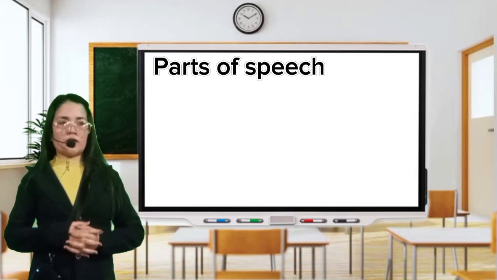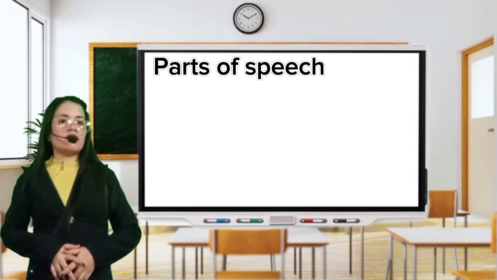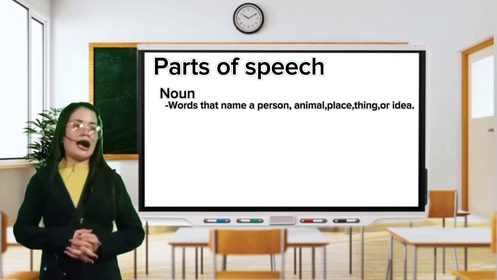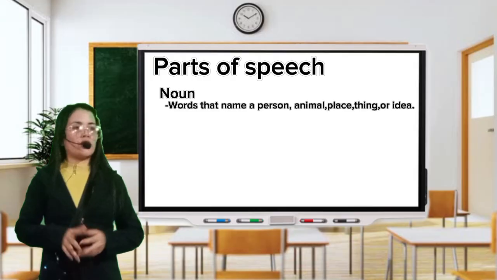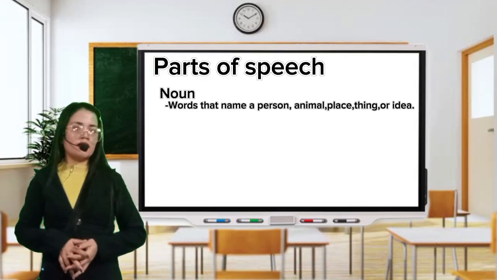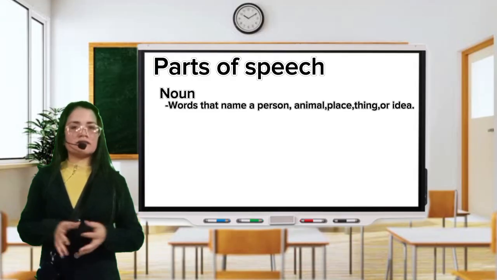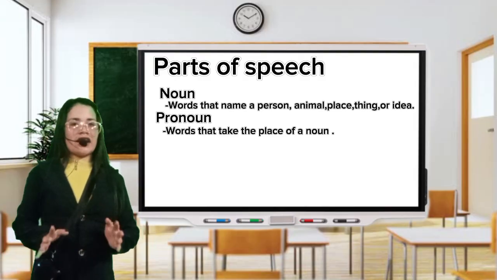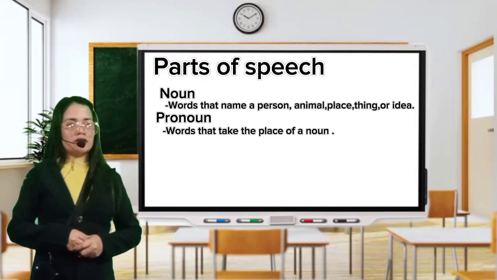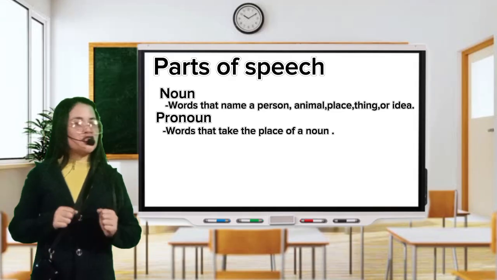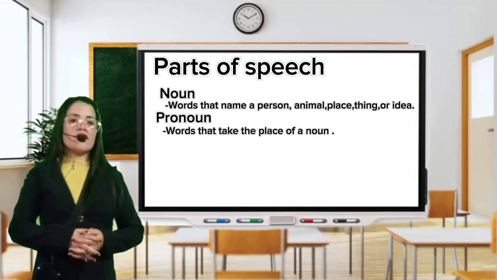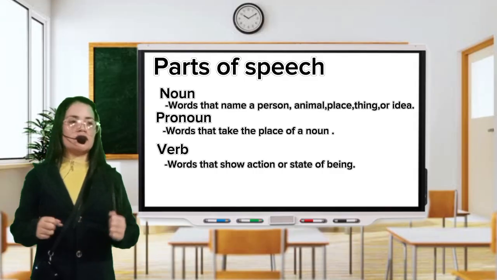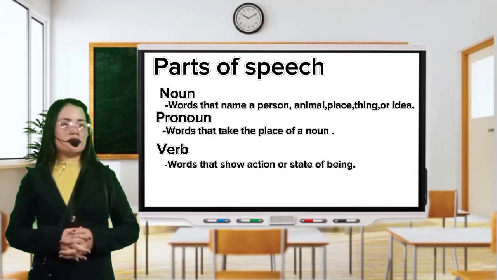Okay, let's have a short review. Noun. Words that name a person, animal, place, thing, or idea. Example, Rhina. Pronoun. Words that take the place of a noun. Example, she. Verb. Words that show action or a state of being.